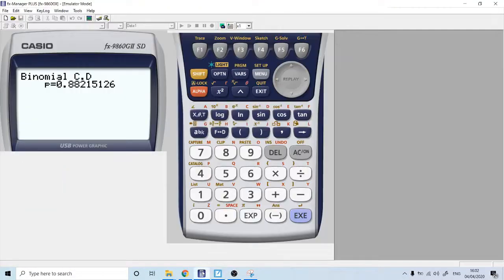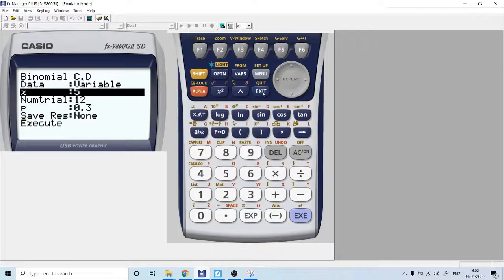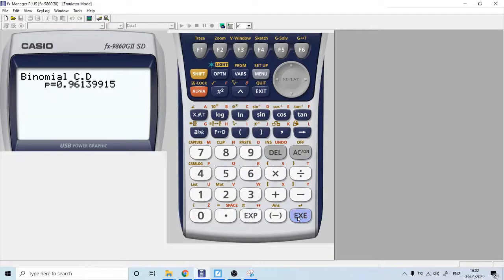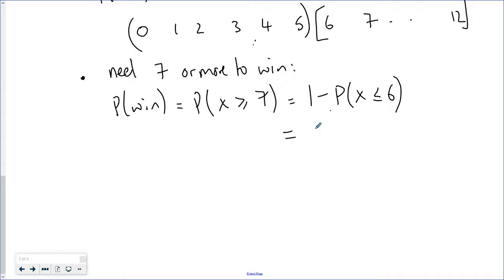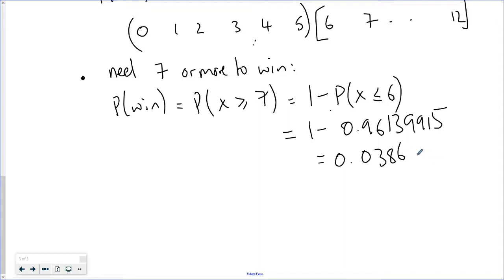So let's change X to 6 in our cumulative, and we'll do 1 minus that answer there. So that's 1 minus 0.96139915, and if we work that out, we get 0.0386. So this is the first time where the probability of winning has gone less than 5%.